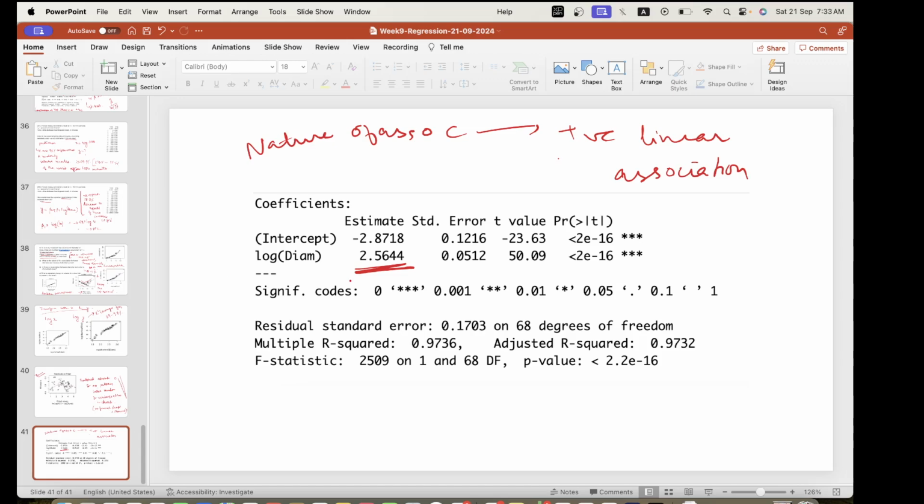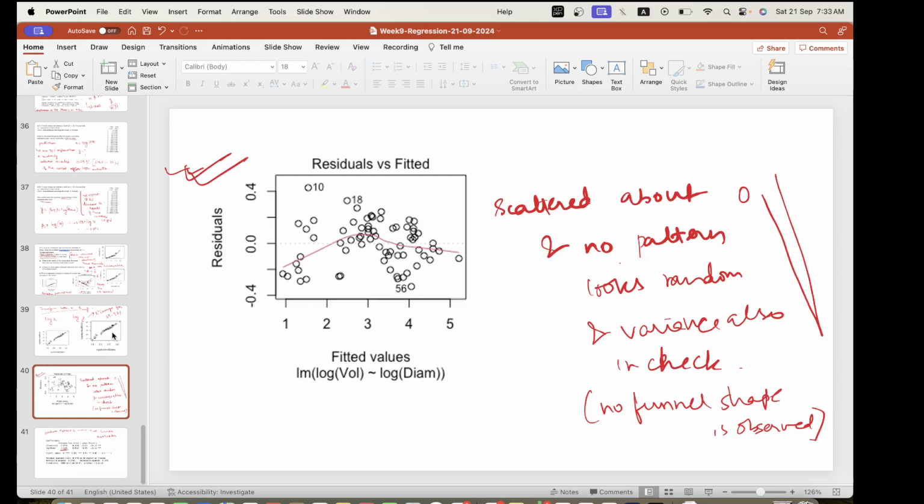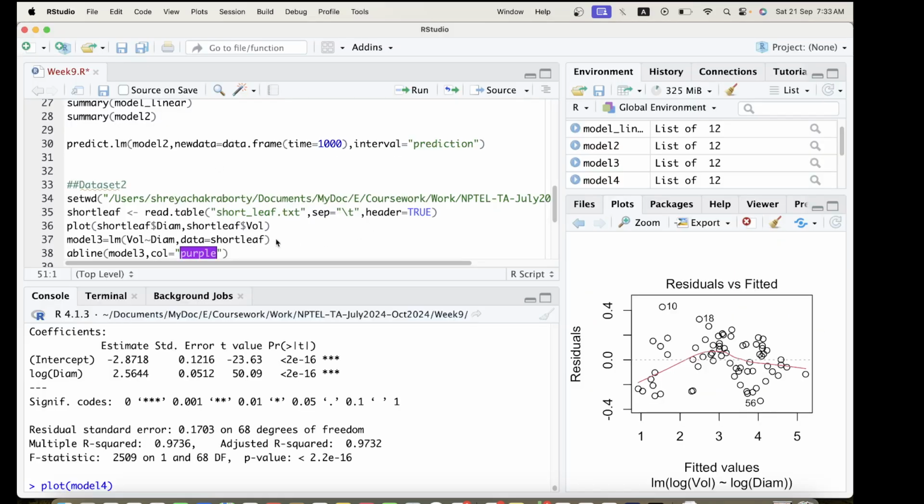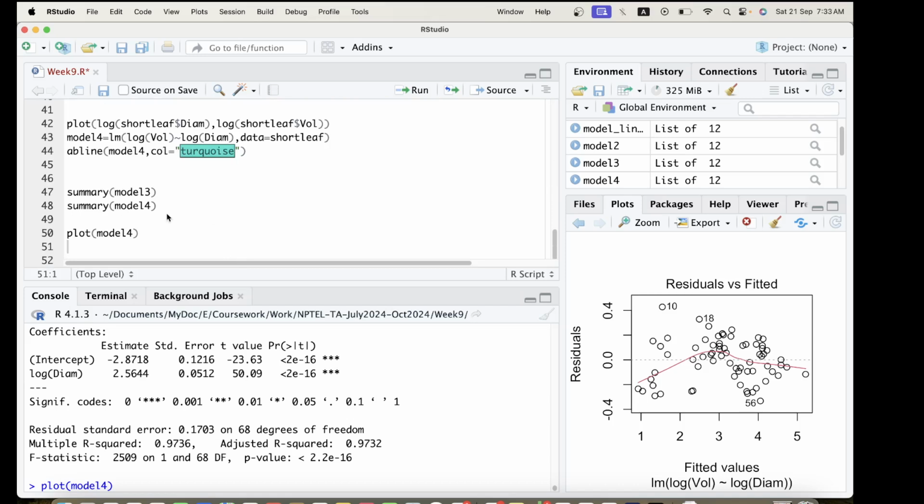Also, from the residual plot we had this, we should also check the normality of the residuals.